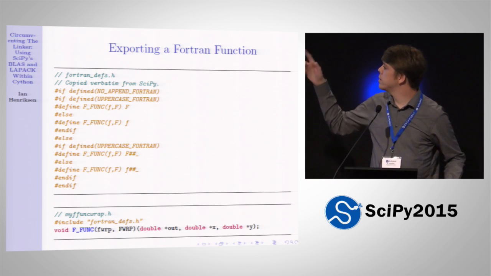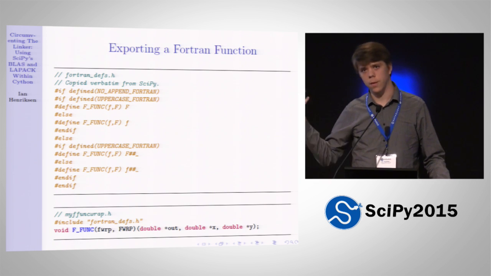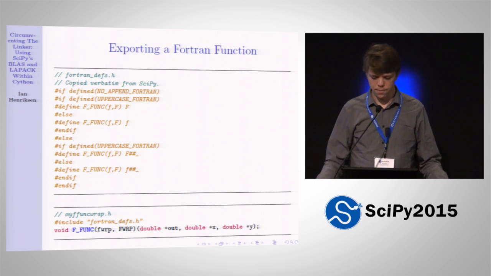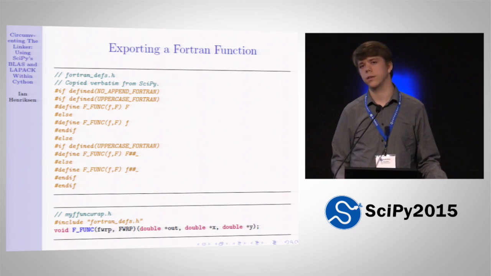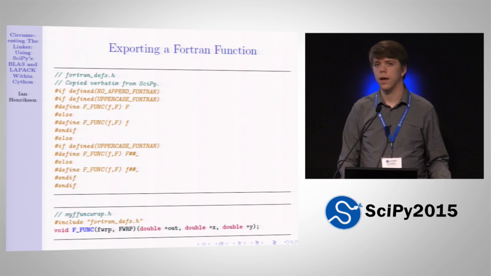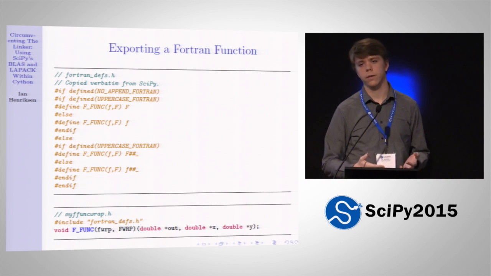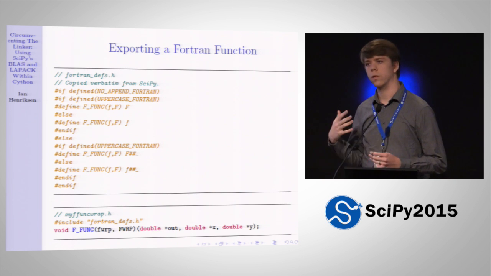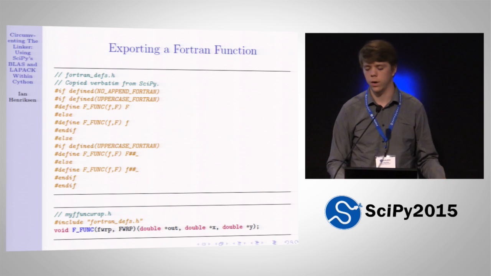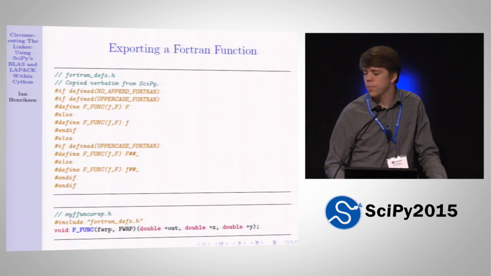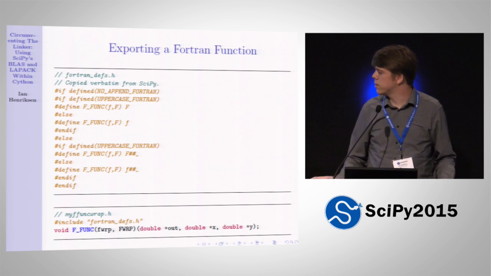And all of these ifdef statements come from, this is actually copied from, an F2Py header. And they, if I understand correctly, are defined by NumPy distutils as needed to deal with the different name mangling conventions. So whether you need 1 underscore at the beginning of your function, 2 underscores, whether it's all lowercase or all caps, since Fortran's case insensitive, they have different ways of storing it. This handles that.